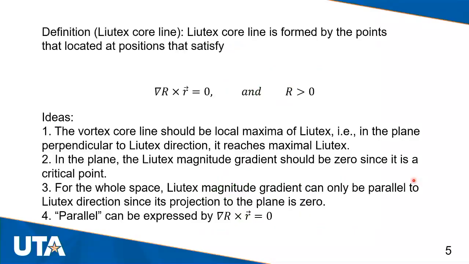Okay, then the definition. We introduce how we implement it. What's the definition of a Liutex code-line, and how do we implement it to find these code-lines? The Liutex code-lines are formed by the points located at positions that satisfy this condition: we require the gradient of R cross the direction of Liutex, the Liutex direction, to be 0.